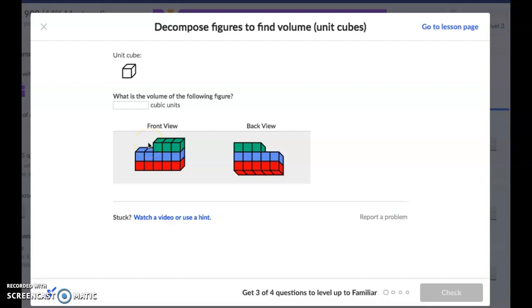So we can't strictly do our volume equals length times width times height because the height on this side is different than the height on this side. So you can do this a couple different ways. With this one, you might be able to just count the cubes and be okay with doing that.